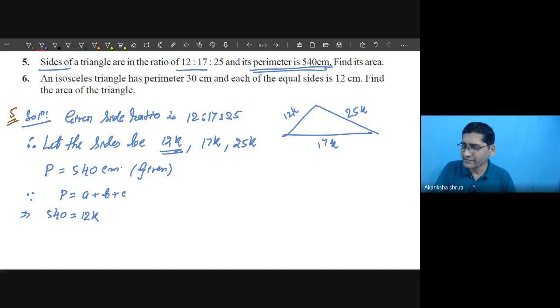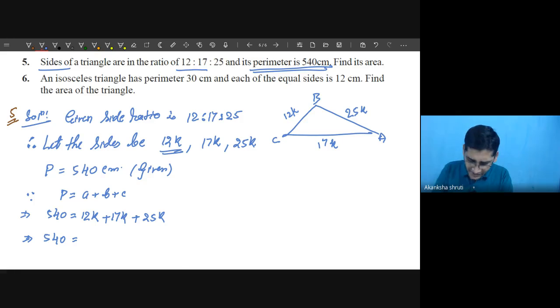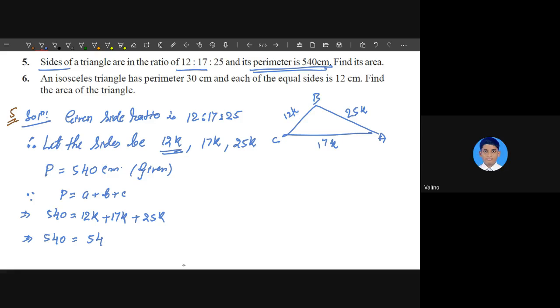Any of these three sides drawn over this triangle can be taken as the three sides a, b, c. So 12k, b is 17k and c is 25k. It means 540 is equal to, add this, 12 plus 17 is 29, plus 25 is 54. So it is 54k.